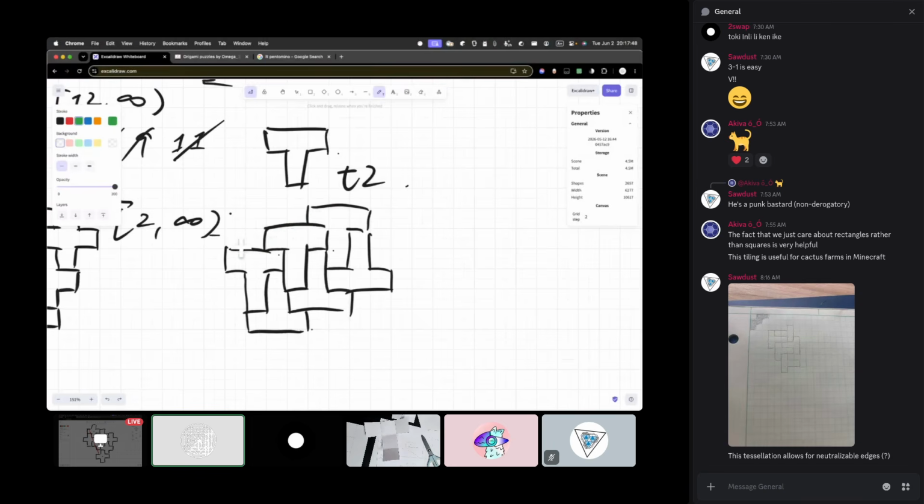Neutralize these edges with these lines and completing the rectangle, right? And because of how the neutralization ends, we know that this has to be root 5 over 2, and so this one has to be root 5. So we complete the rectangle, and that ends there, and that ends here, and this will work.